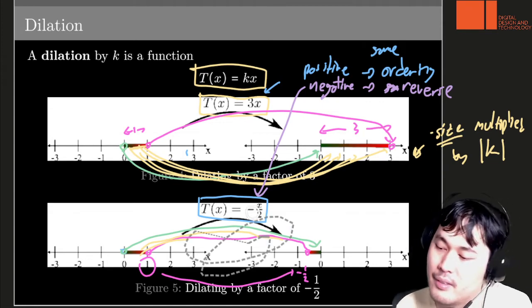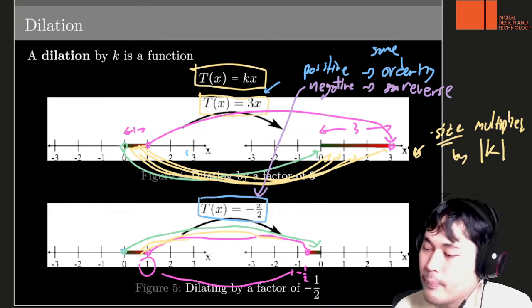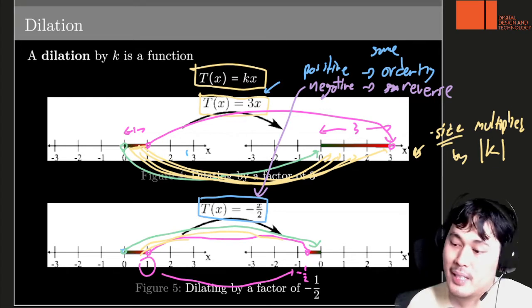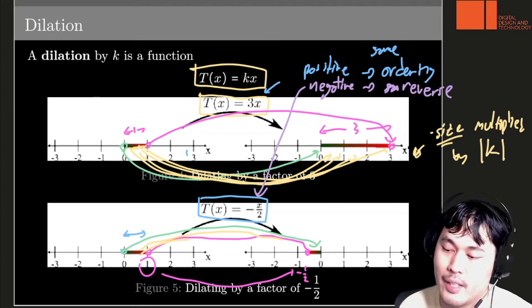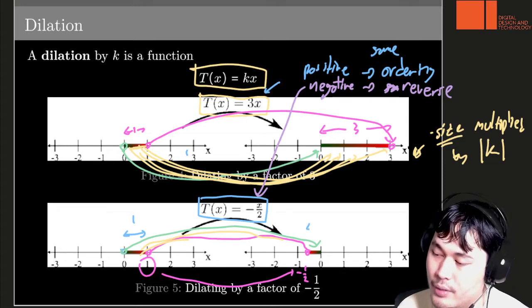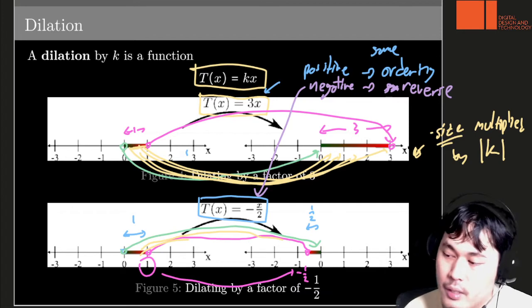And likewise, here below we have a negative number. We flip the line, but nevertheless the scale, like we start from a line of length 1 and the end result is a line of length 1/2. The size shrinks in half.